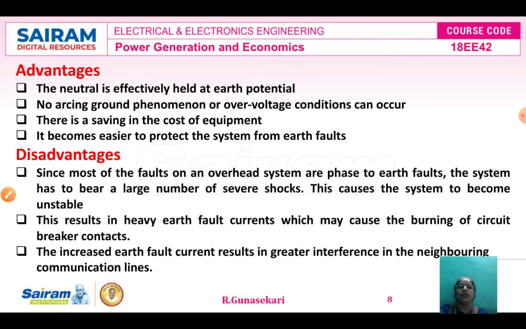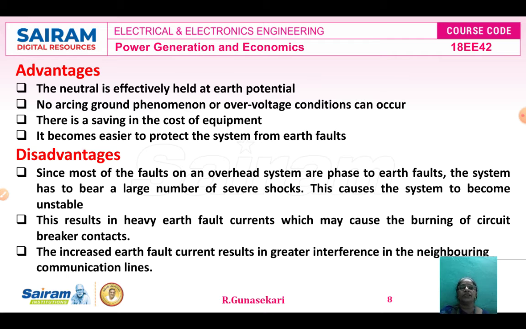Now you see the advantages and disadvantages of solid grounding. The advantages are that the neutral is effectively grounded at earth potential, no arcing ground phenomenon or overvoltage condition can occur, the cost of equipment is saved, and it allows easier operation of the earth fault relay.